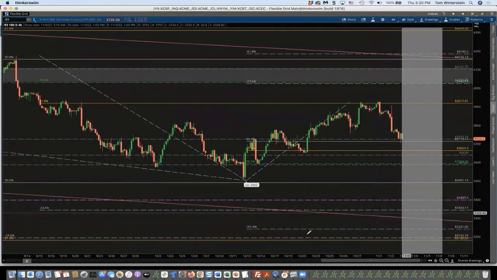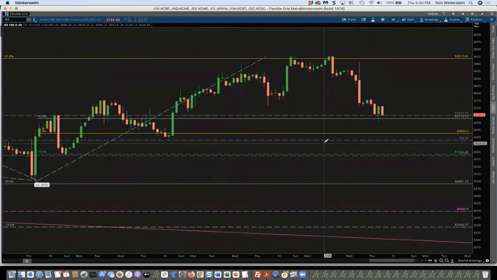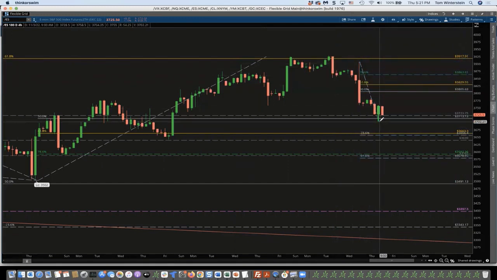If your sentiment is still bearish, we can put in some more fibs like this. This was a nice retracement off of there, so we can actually put this in. We can use some more of our price action tools right here. That's not out of the question.